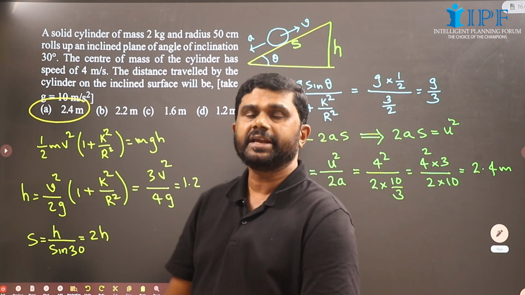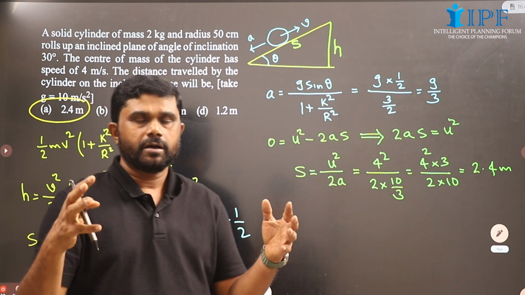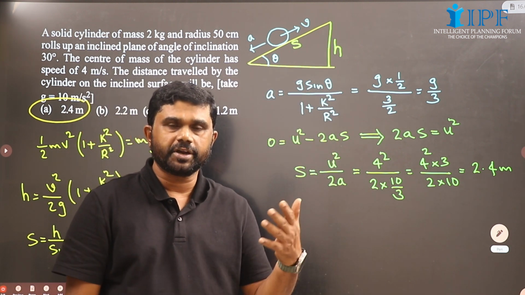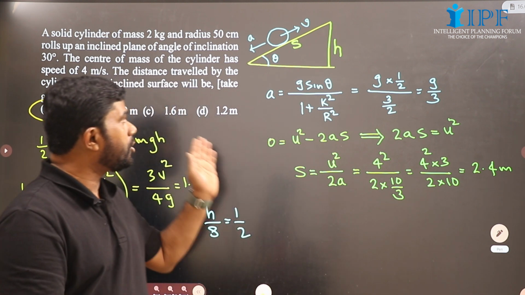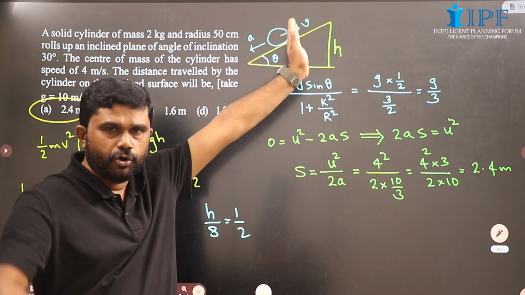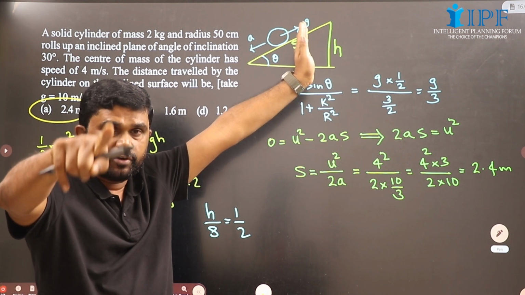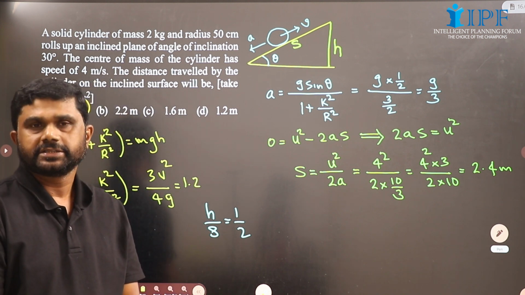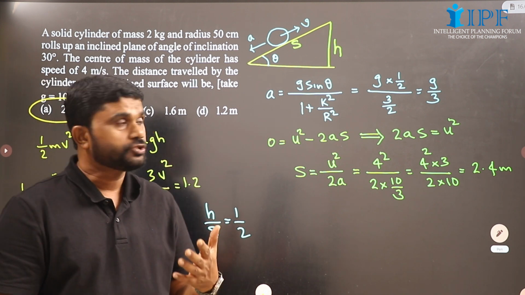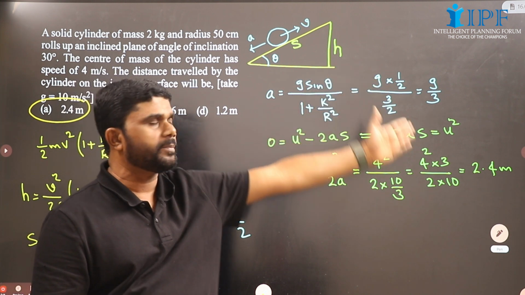Okay, and next, using the equations of motion, v square equal to u square plus 2as, we can again find it. When the body rolls up the incline, I have told you, g sin theta divided by 1 plus k square by r square is the retardation. Theta here is 30 degree. So in the numerator we will get g into 1 by 2.